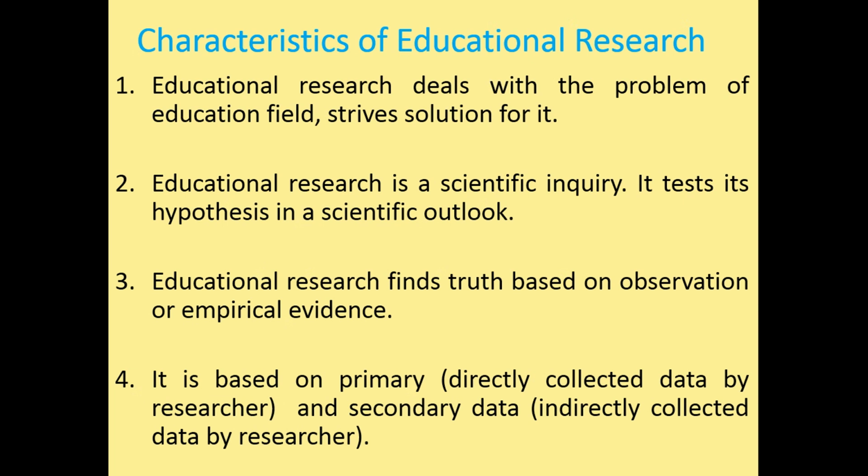It is based on primary and secondary data. Primary data, when researcher collects his data by observation, interview, survey, means in direct way. And secondary data, when researcher collects his data from internet, books, government records, etc. It means in indirect way.